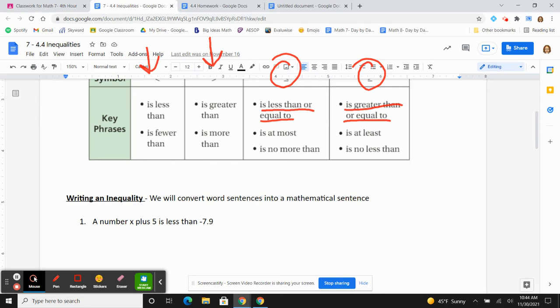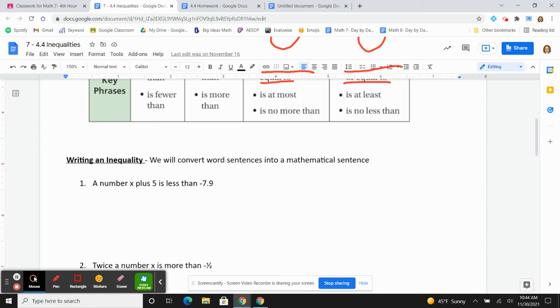Number one says a number x, they're saying that the number is x, plus 5 is less than negative 7.9. My first question for you is how do we write a number which is called x plus 5? That would look like x plus 5.